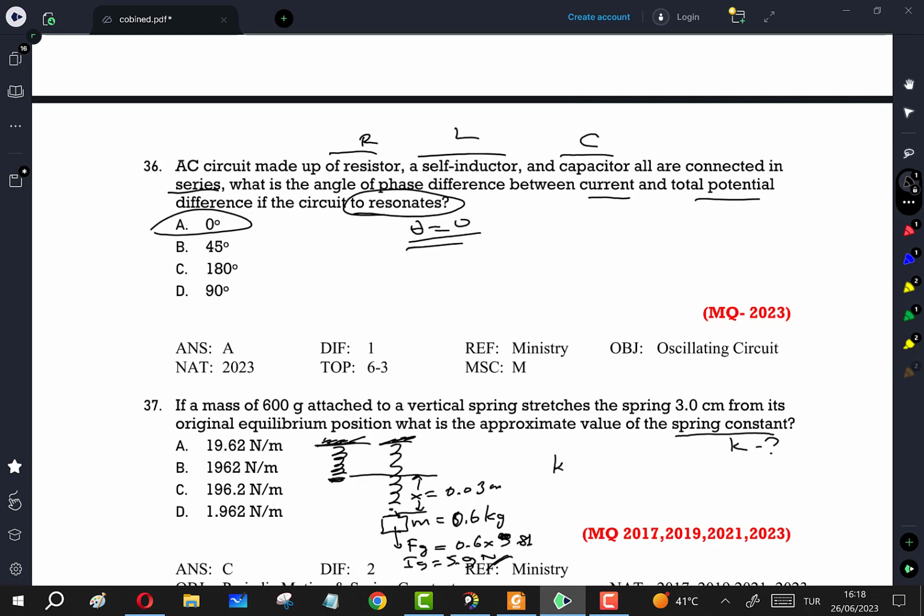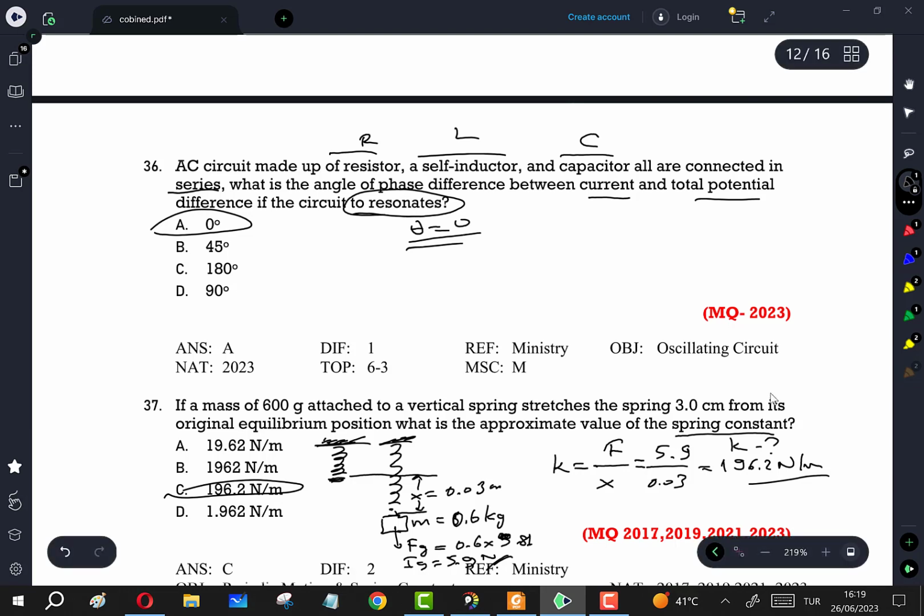Then K is going to be F applied divided by stretching. F applied is 5.9 divided by 0.03, answer is 196.2 Newton per meter, which is choice C.